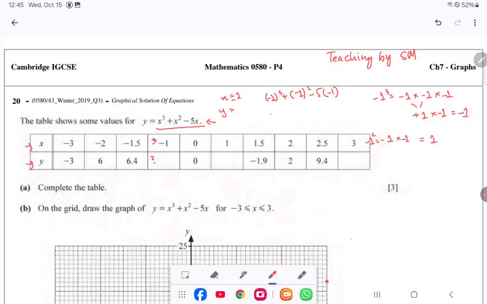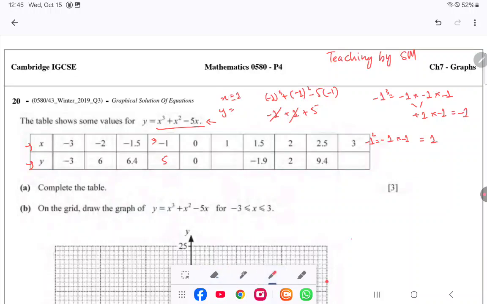So negative of 1 plus positive of 1 and then -5 into -1 will be positive of 5. Negative 1 positive 1 cancel each other. The value of y on x is equals to -1 will be positive 5.